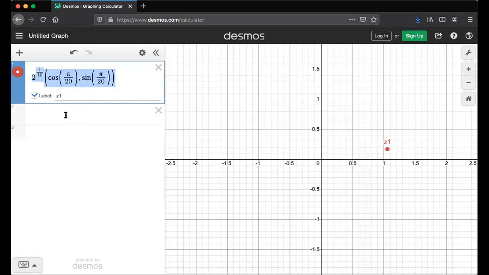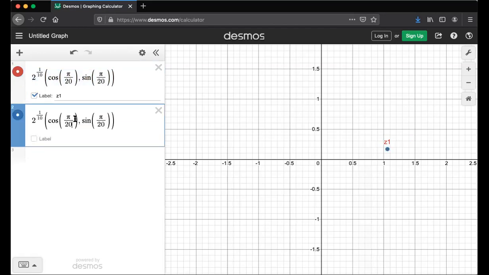For all of the later ones, let me just copy paste here. The only thing that's going to change is that I'm going to add multiples of 2 pi over 5 to the arguments of the sine and cosine. And so here is our second point, z sub 2.